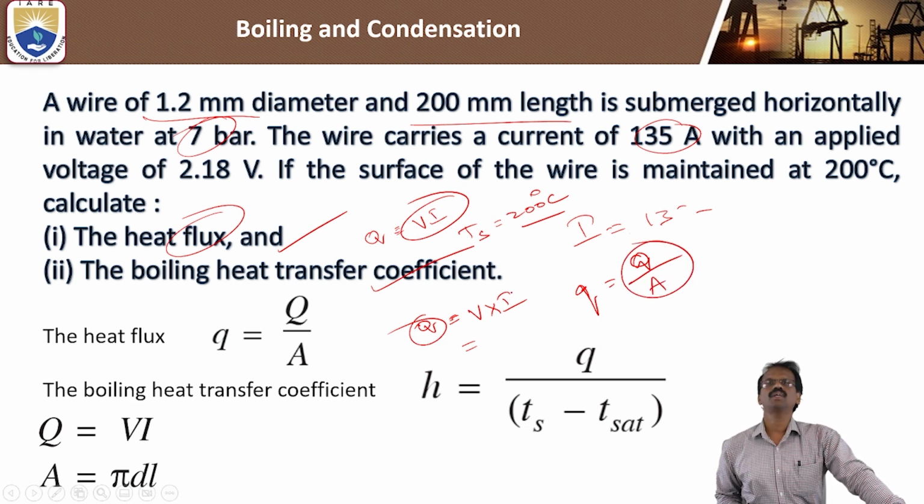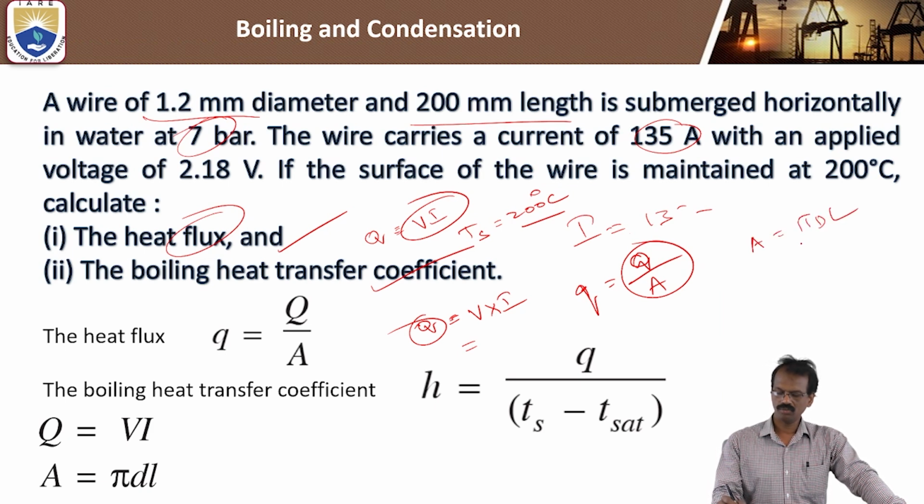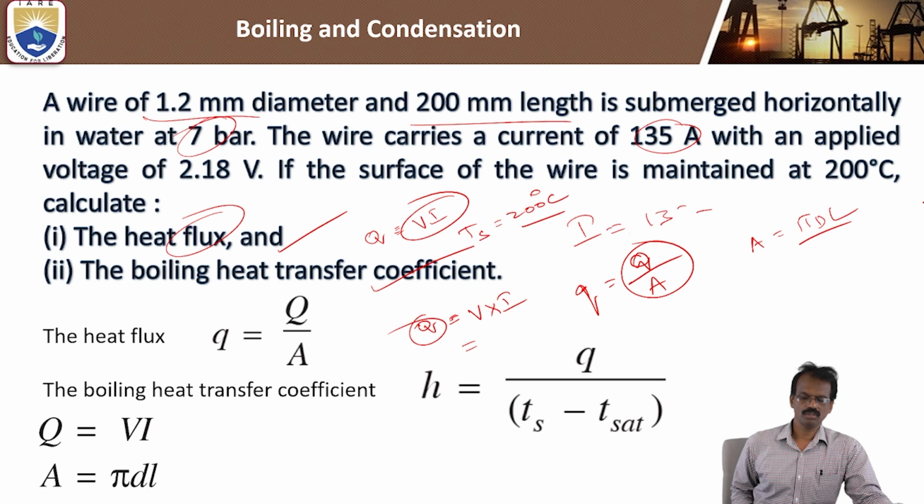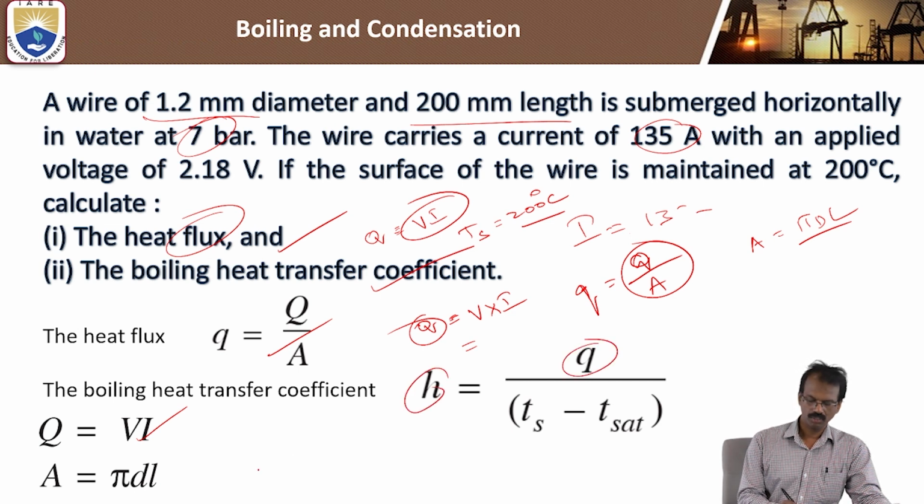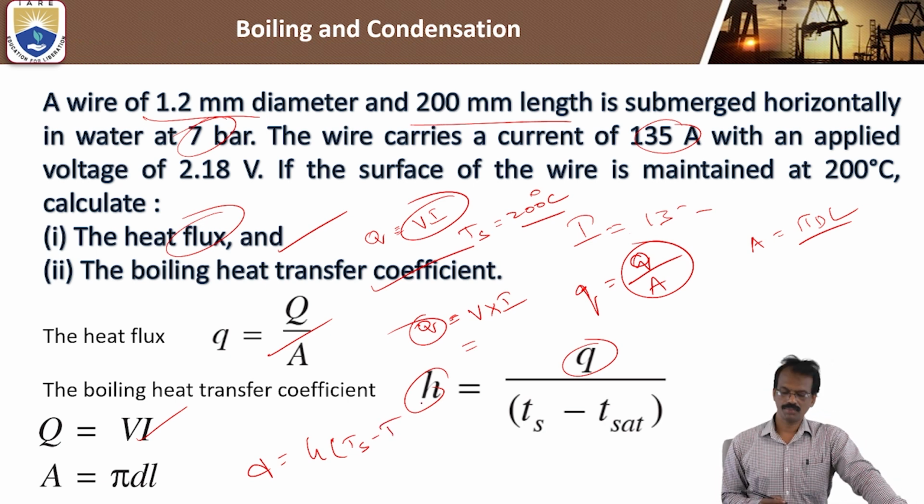The area of the wire is given by diameter and length: area is equal to pi D L, with diameter and length converted into meters. Then for the boiling heat transfer coefficient, if you know the heat flux, q is equal to h into the temperature difference, that is surface temperature Ts minus saturation temperature T saturation.